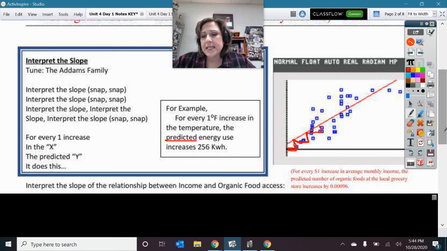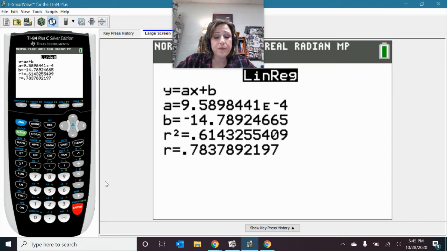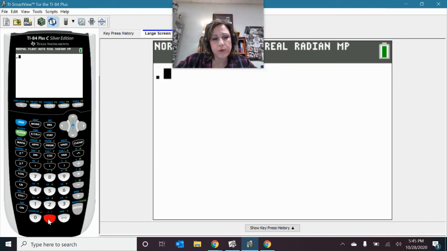Normally we don't have this awkwardness, but that's okay. I'm going to show you how to work through this weird situation of this slope of 0.00096. I would like to get close to a whole number amount of items. So in my brain, I think that if I go 0.00096 times 10,000, that is going to get me pretty close to a whole number amount of items because it's that little of a decimal.